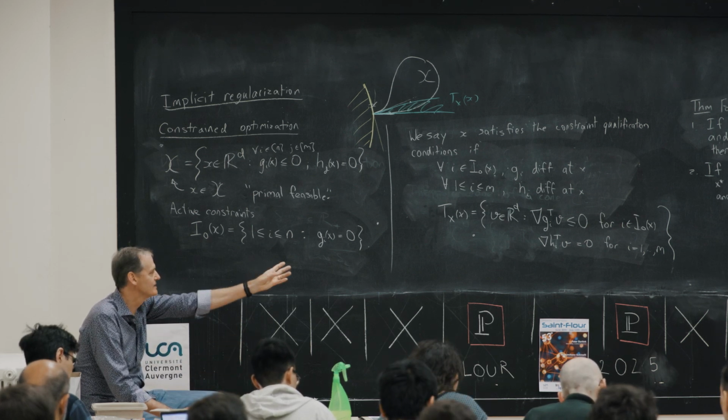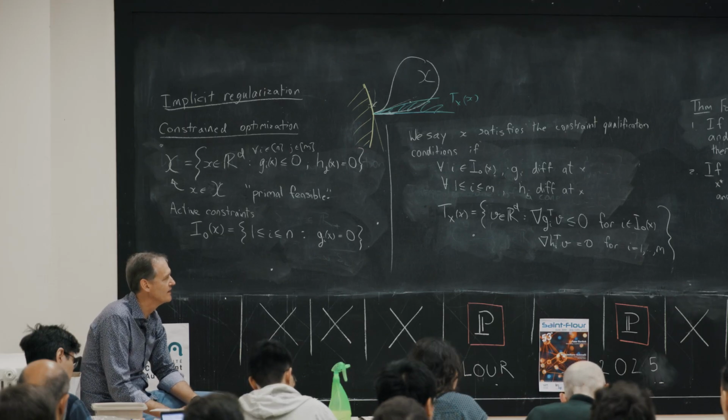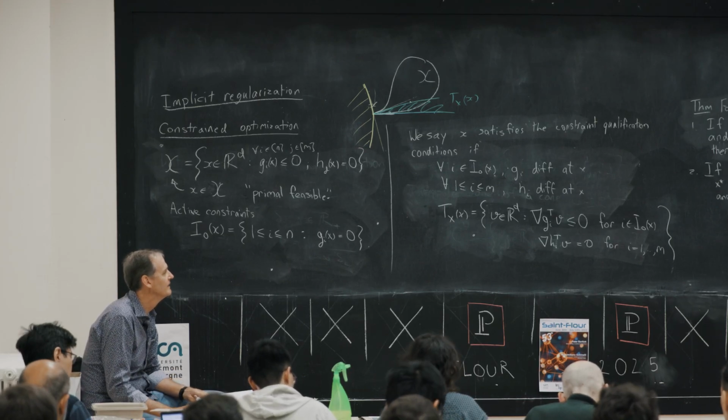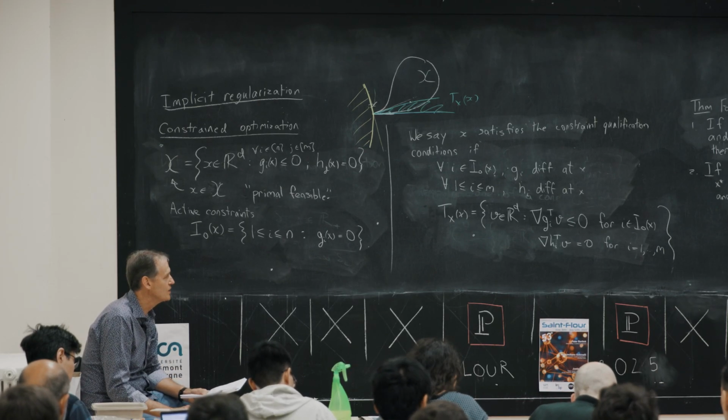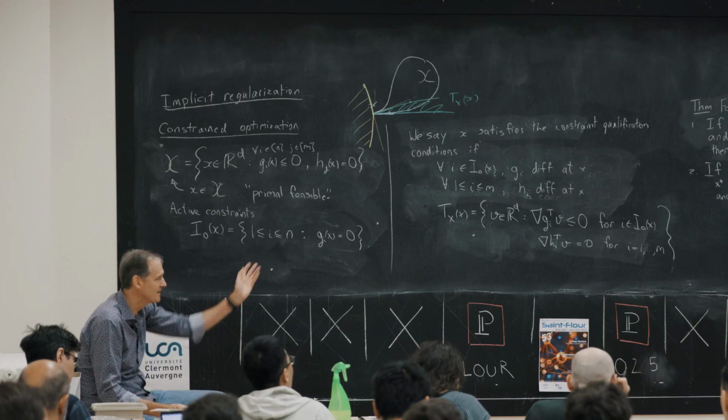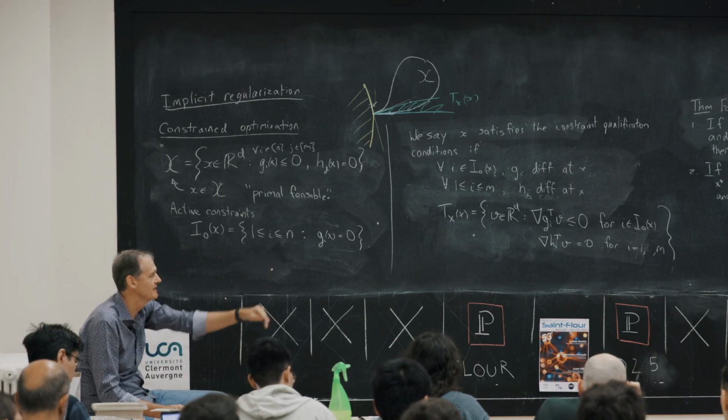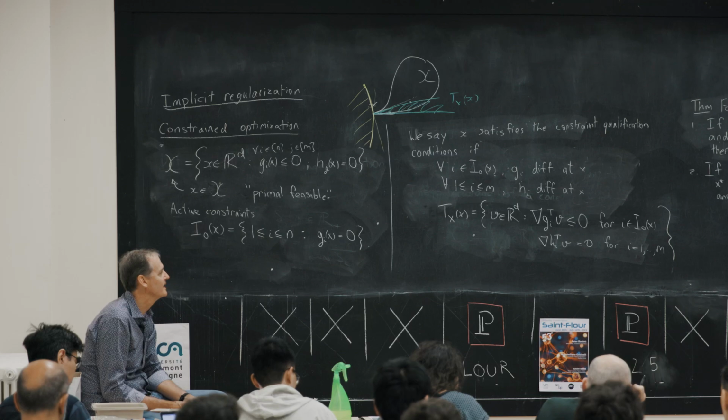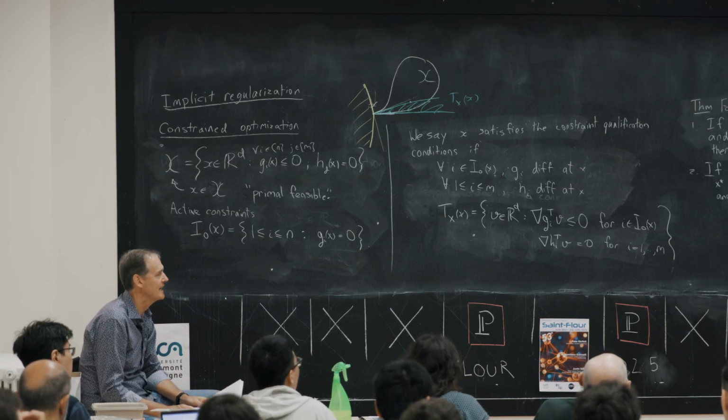But I wanted to use this general formulation of these problems as canonical constrained optimization problems, and this nice formulation of the necessary conditions for local optimality, these KKT conditions.